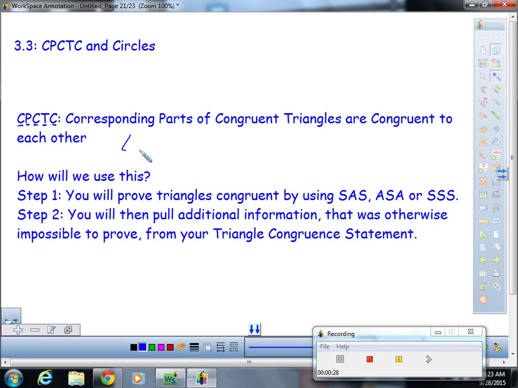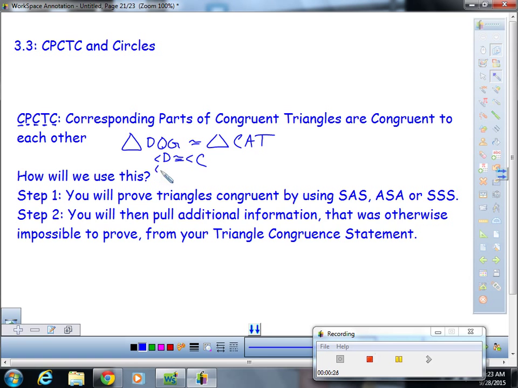Well, if within your proof you were able to prove that triangle DOG was congruent to triangle CAT, well, now you know that there are 6 pieces of congruent parts. So you know that the corresponding angle D corresponds with angle C because order matters.